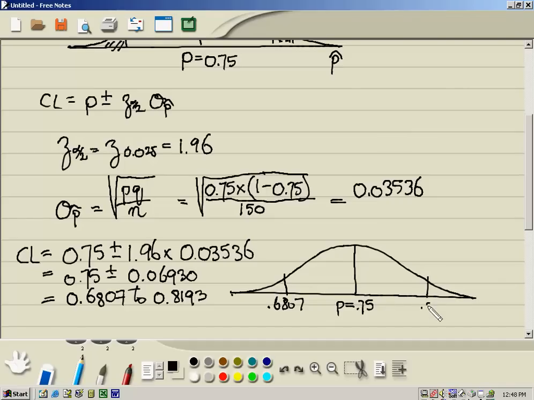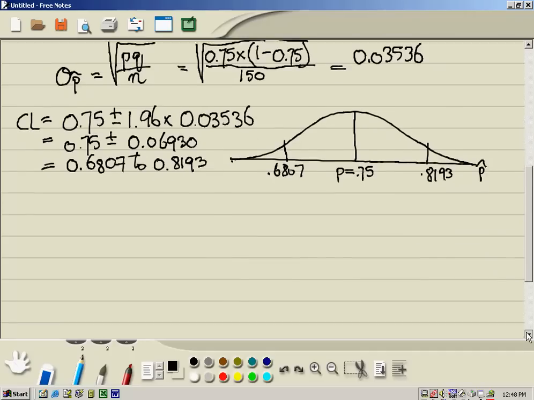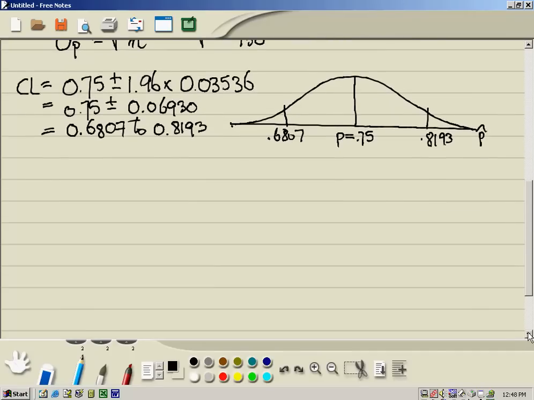The upper limit is 0.8193. So those are the two limits of the acceptance region. That will now define our decision rule. So that's the next step. Third step, decision rule.